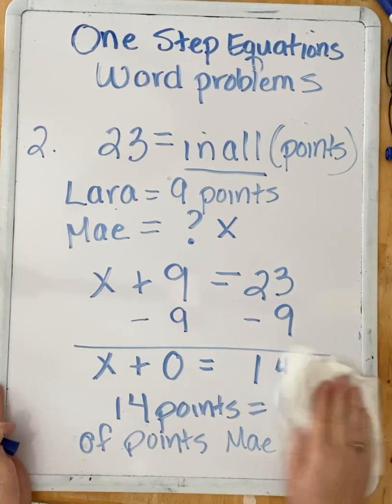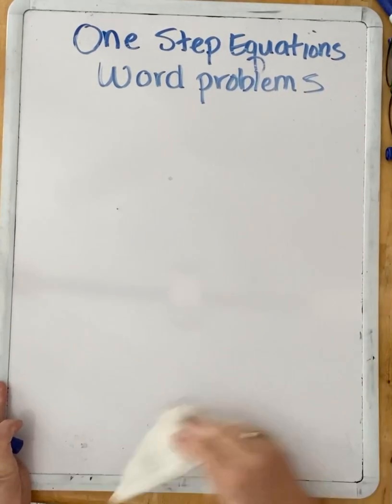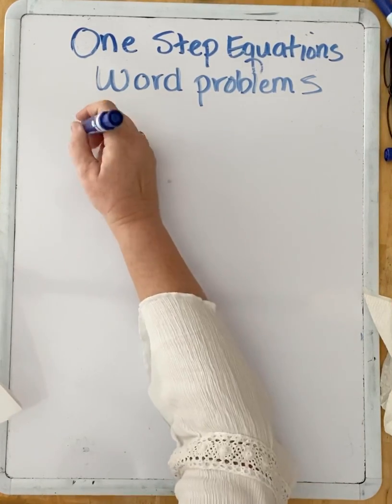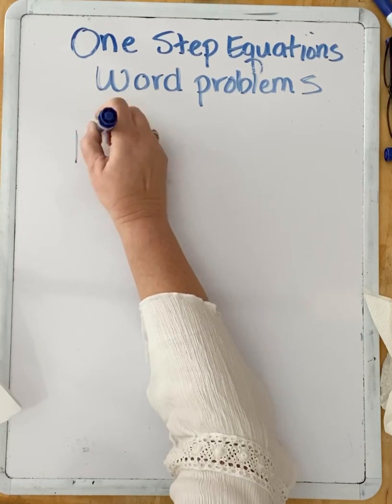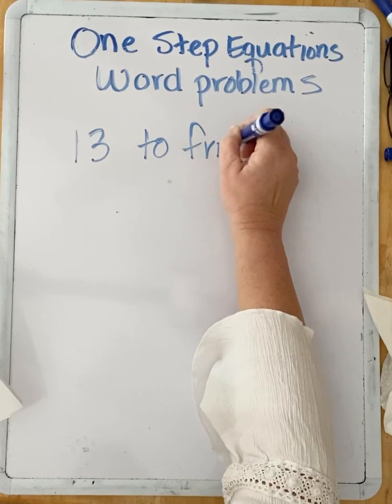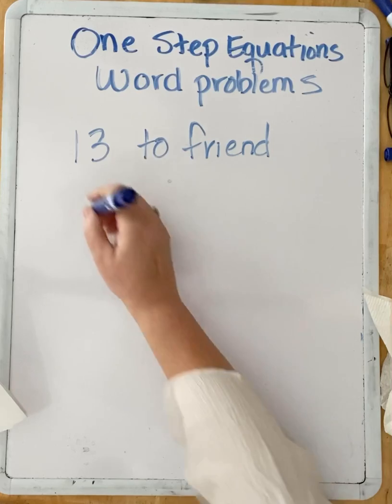All right, number 3. Joshua was gifted a pack of crayons. So somebody gave him a pack of crayons. He gave 13 crayons to his friend and was left with 11.